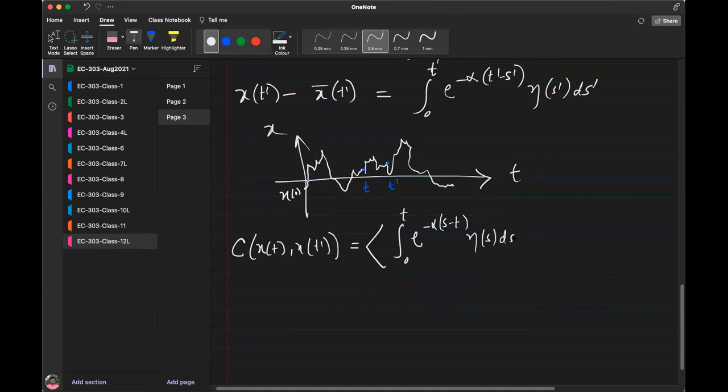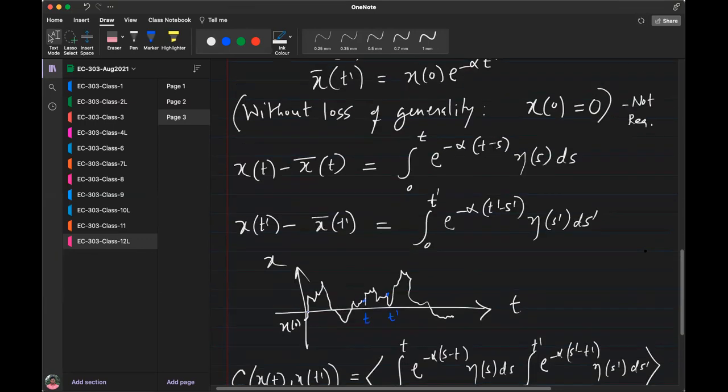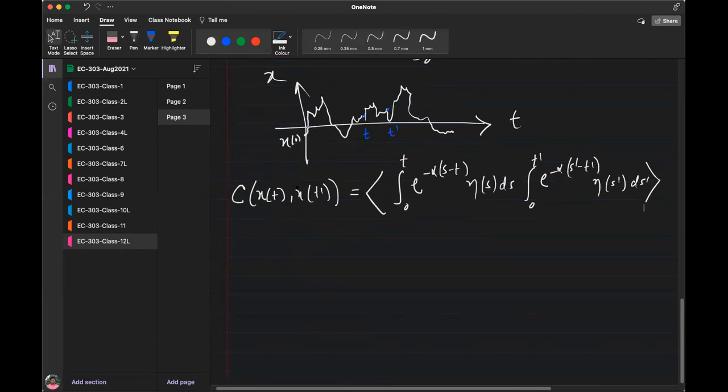Please do keep a watch on all the mistakes I'm going to make now. So I have just multiplied this integral with this integral to get the covariance term.